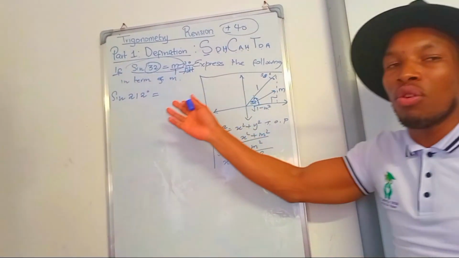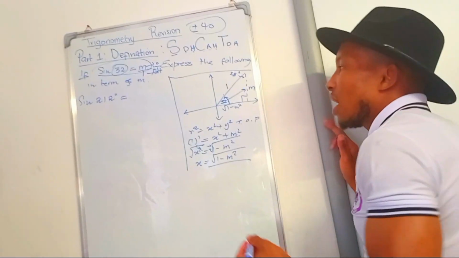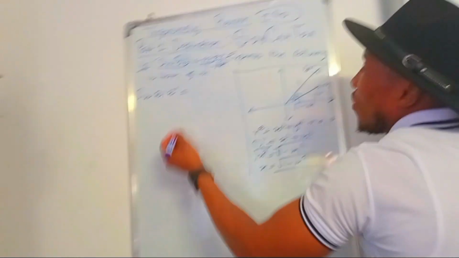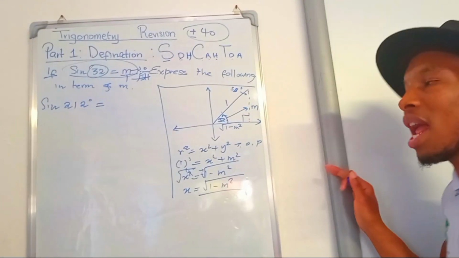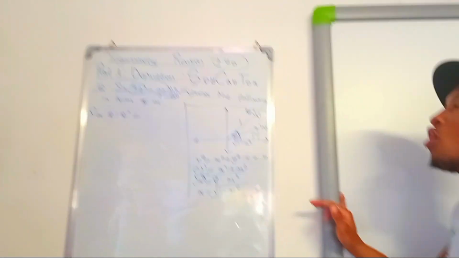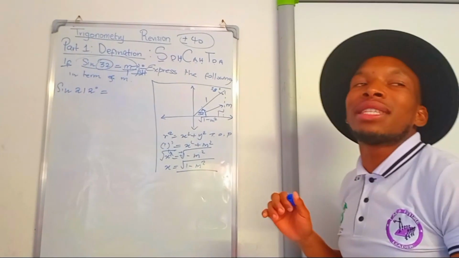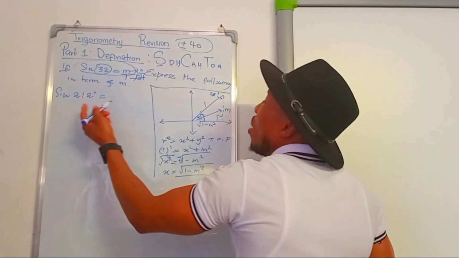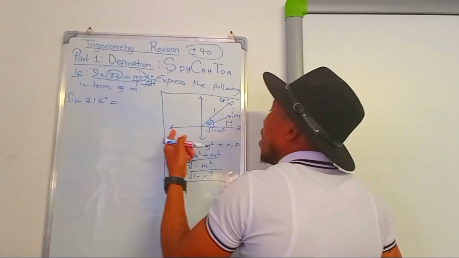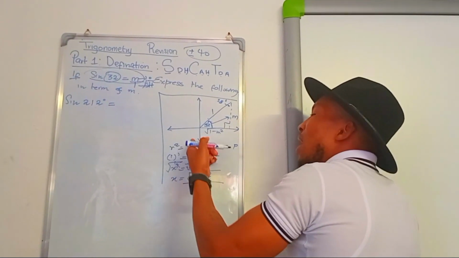Since this angle is not on your triangle, we are just going to reduce this angle by using a reduction formula. As you know, 212 is in quadrant number 3.